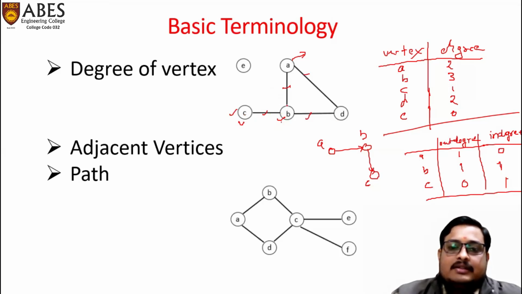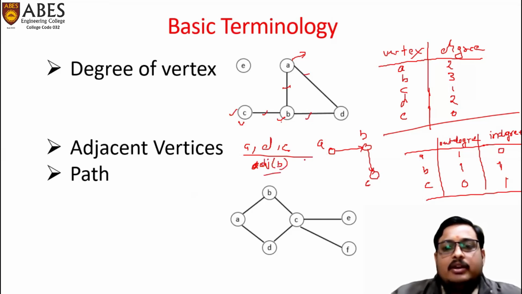Clearly we can see here A, D, and C are adjacent vertices of B. Like this, we can find the adjacent vertices of B.